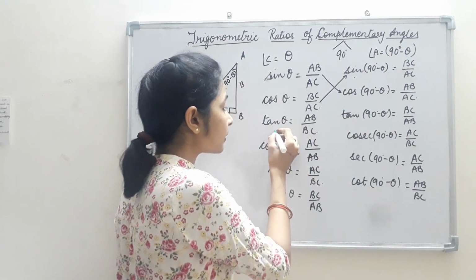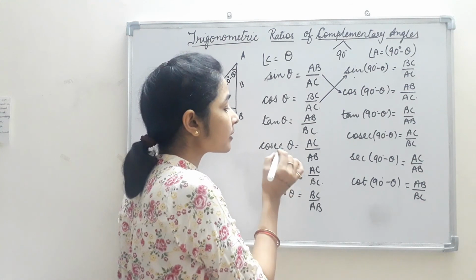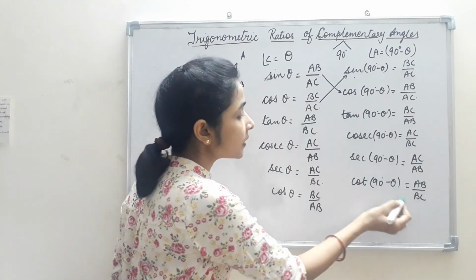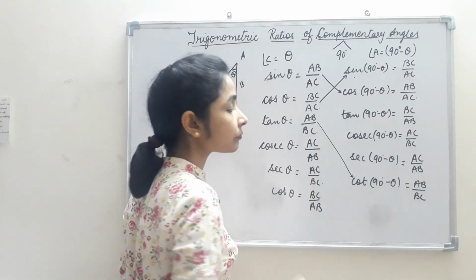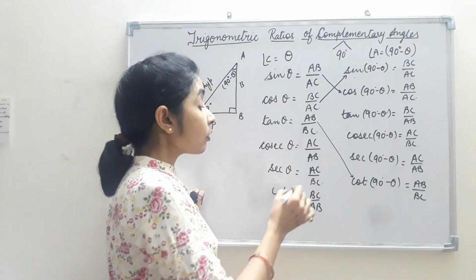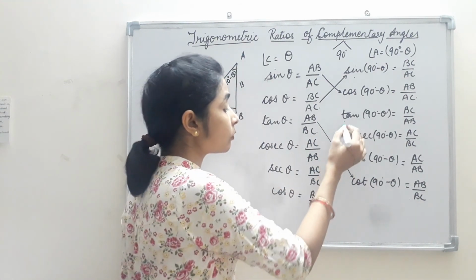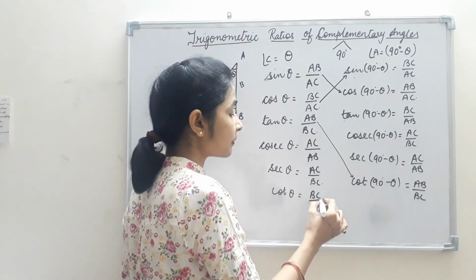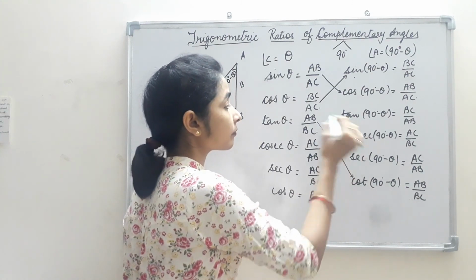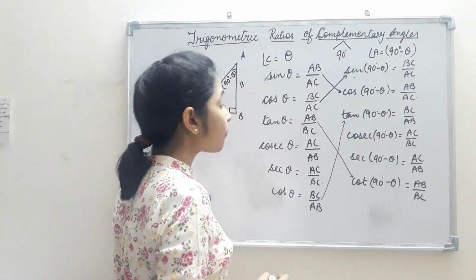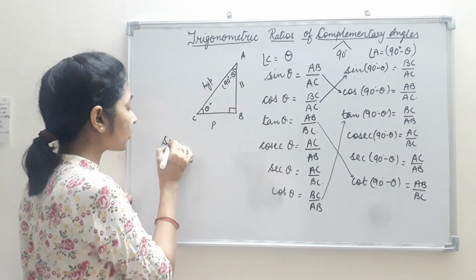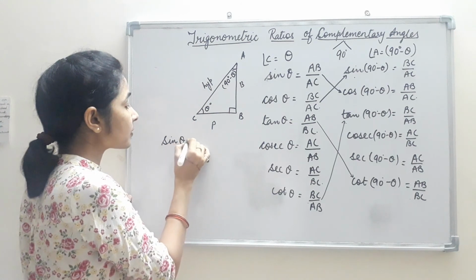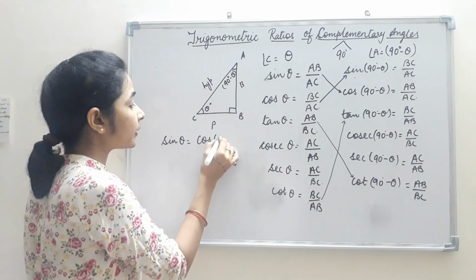If we consider here, then tan theta is equal to AB upon BC, which is equal to cot 90 minus theta. Okay, and cot theta is equal to tan 90 minus theta, that means BC upon AB. Okay, so what do we get from this? I am just writing the conclusions here: sin theta is equal to cos 90 minus theta.